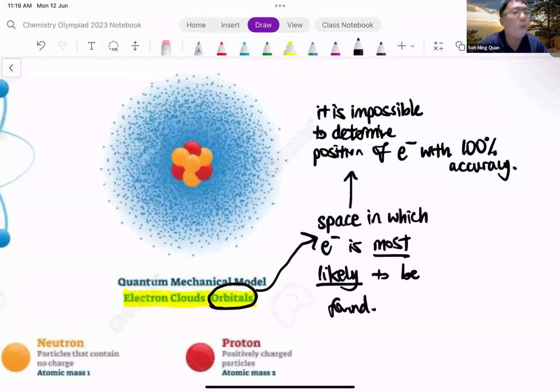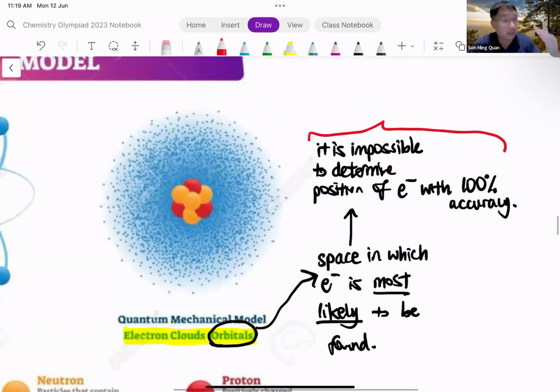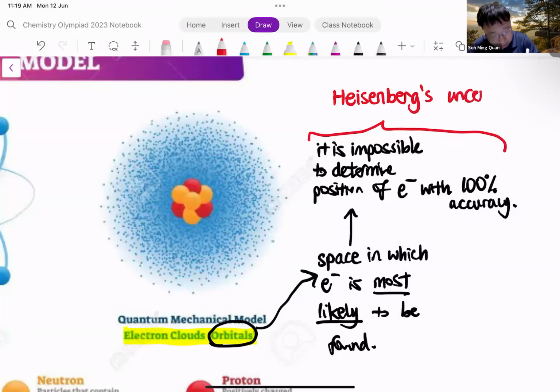The electron is most likely in this orbital, 99% probability. But it's impossible to say 100% definitely it is there. Now this principle has a name. This principle where it's impossible to predict the electron's position with 100% accuracy is called Heisenberg's uncertainty principle.